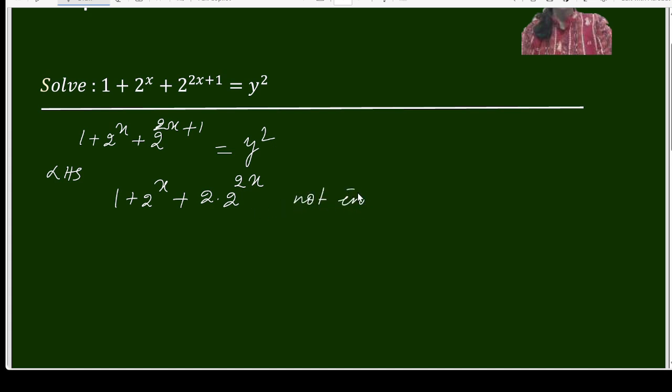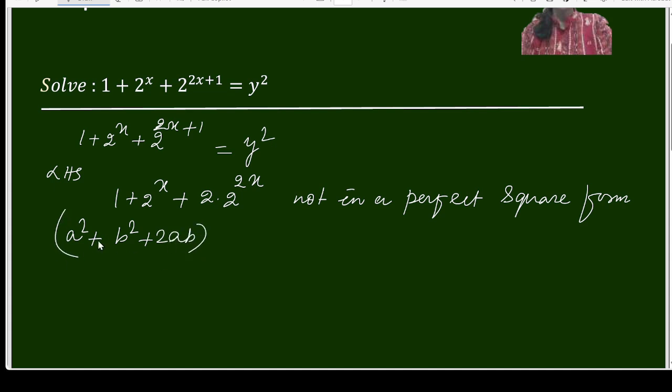Because we know that a perfect square form is always a square plus b square plus twice ab. Here it is clear that 1 can be written as 1 square, but these two are in a different form. So LHS is not a perfect square.